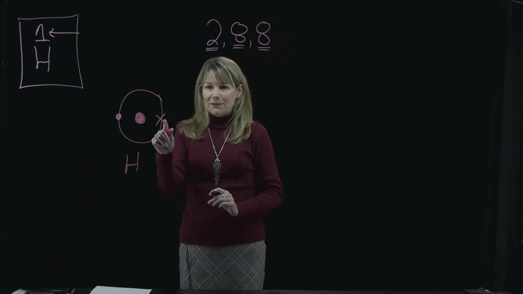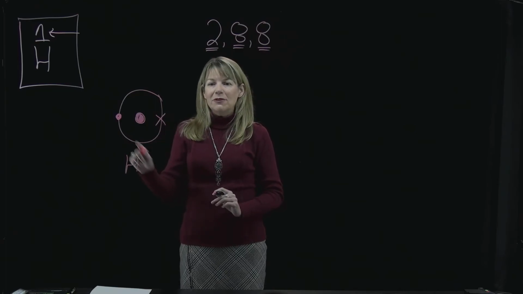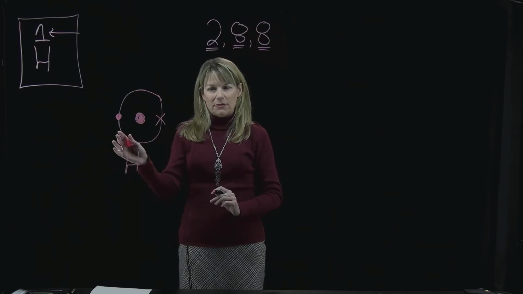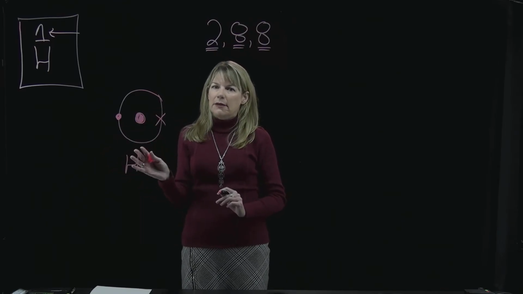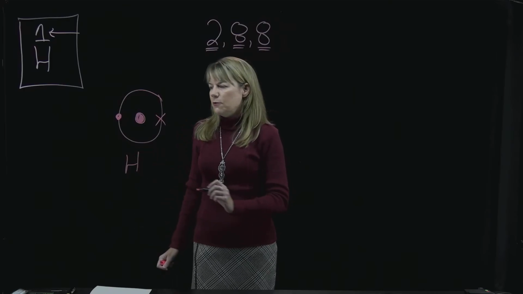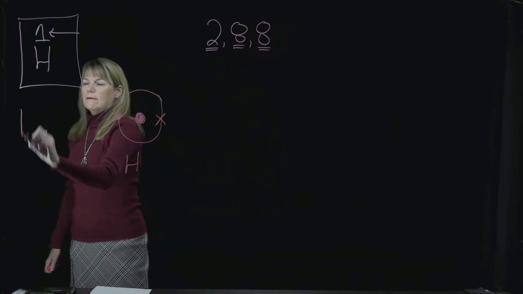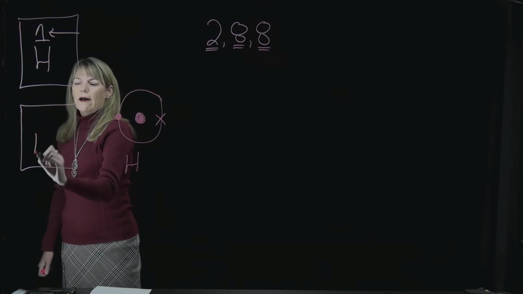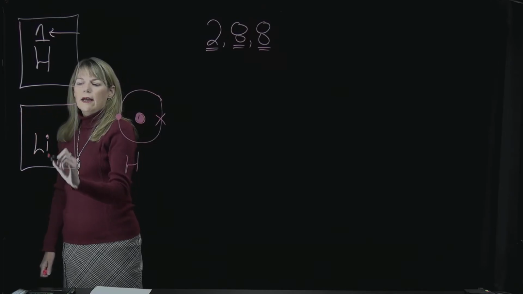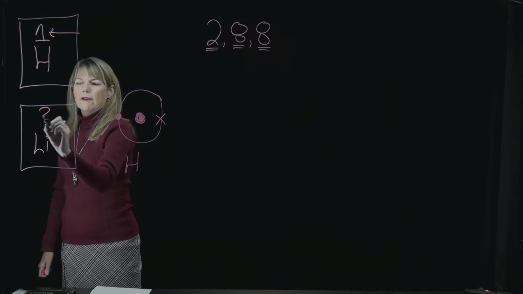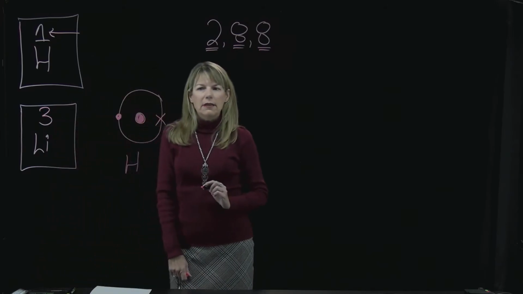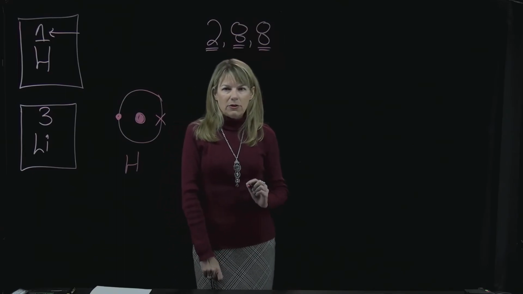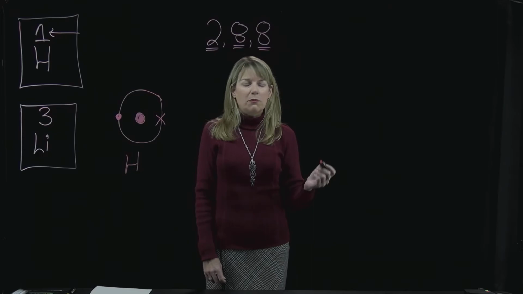Now, once I get this vacancy filled, I would have to move on to the next energy level or the next shell. So let's take a look at an atom that would work that way. If I move on in the periodic table, I come to the element lithium. And if I look at it closely, it has an atomic number of 3. So what would that look like in terms of a shell model?